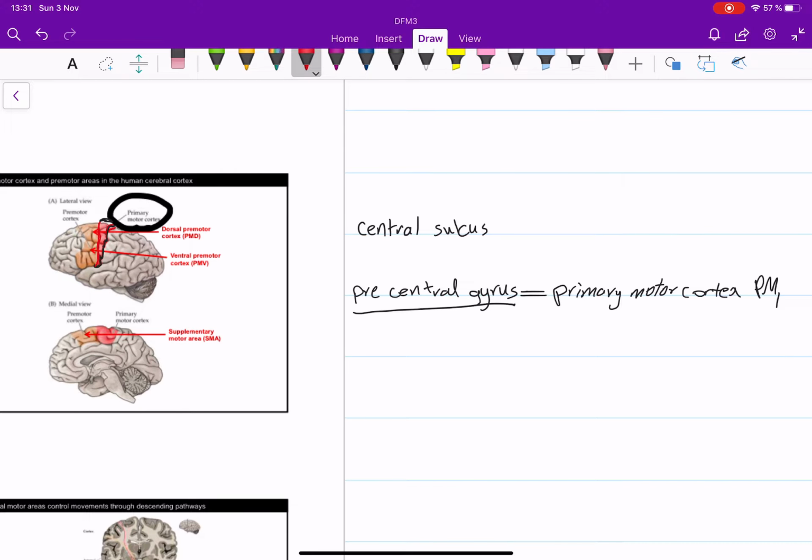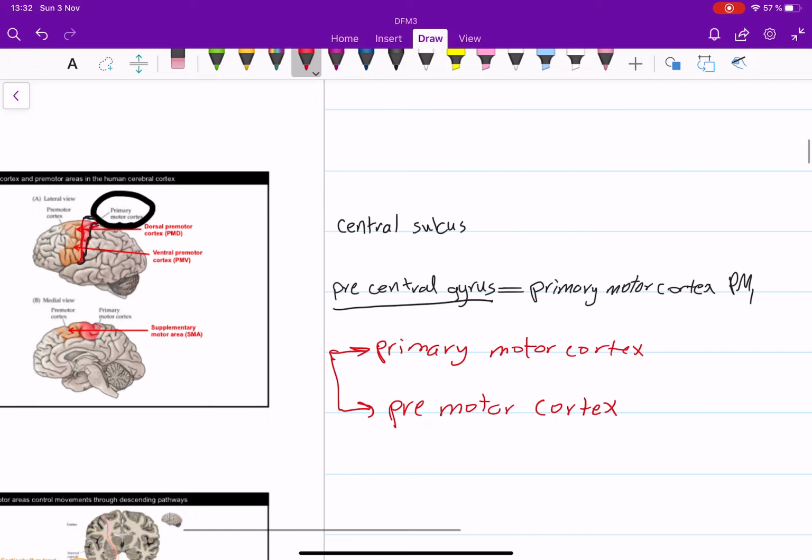The motor control is divided into primary motor cortex and premotor cortex. We can divide the premotor cortex into three parts.